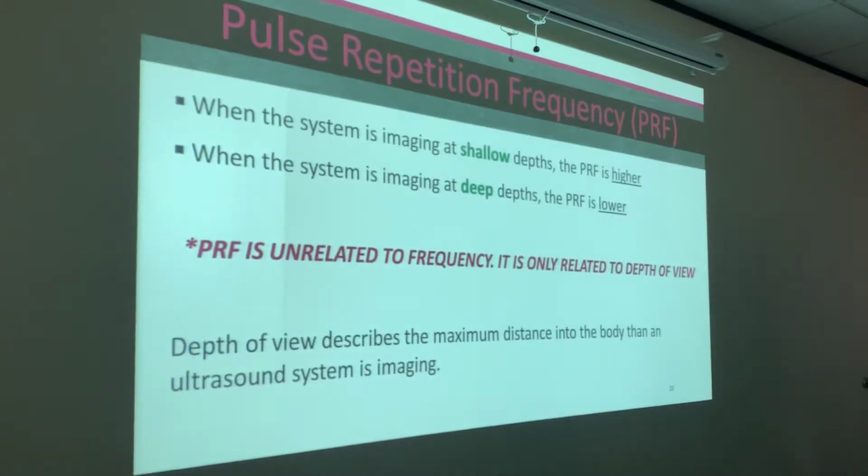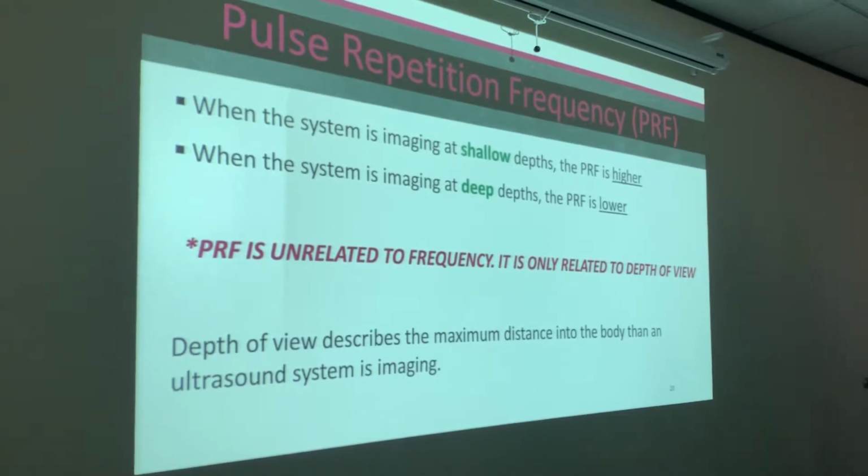All right. So, when the system is imaging at shallow depths, the PRF is higher, right? I'm able to send out more pulses more often because the listening time is shorter. Because remember, when we're changing the depth, we're just changing the listening time. That affects both the PRP and the PRF.